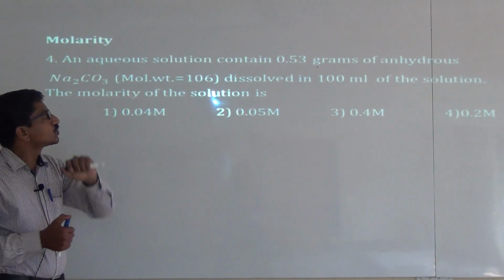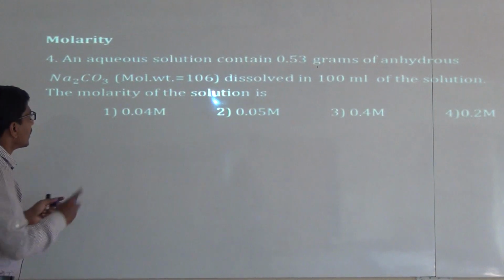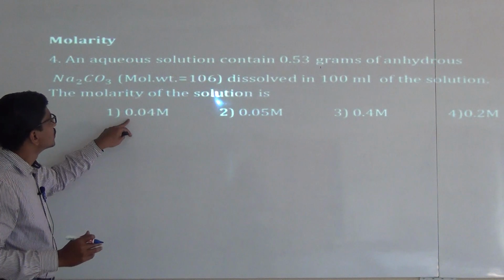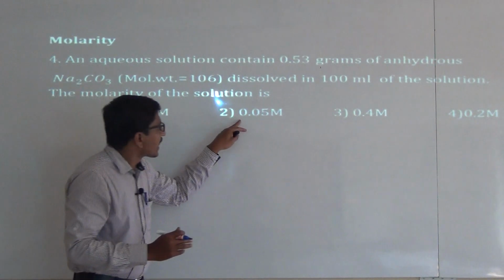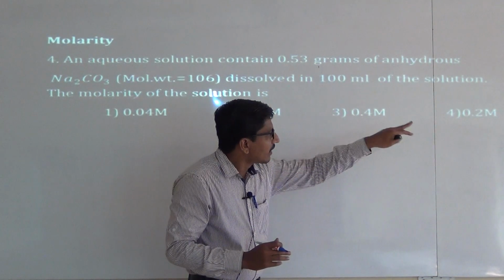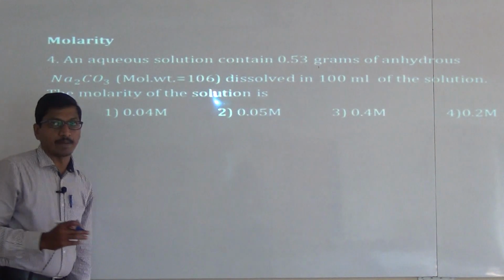The molarity of the solution is, in this there are 4 options. First one is 0.04 M, second one 0.05 M, third one is 0.4 M, and fourth one is 0.2 M.